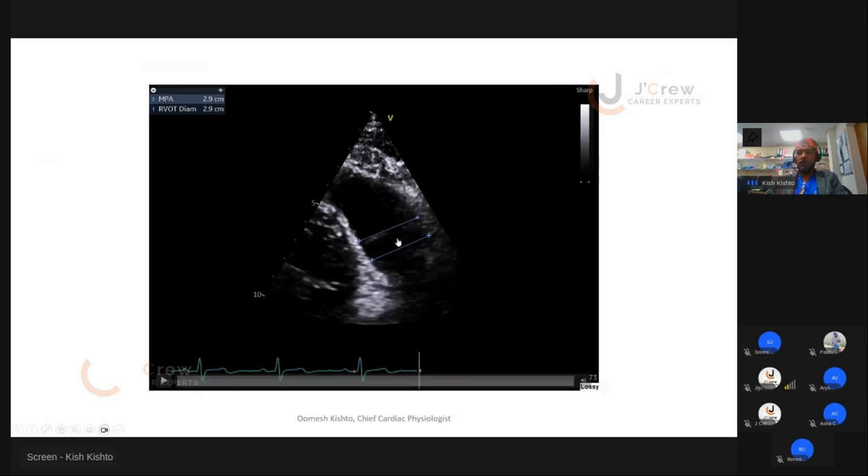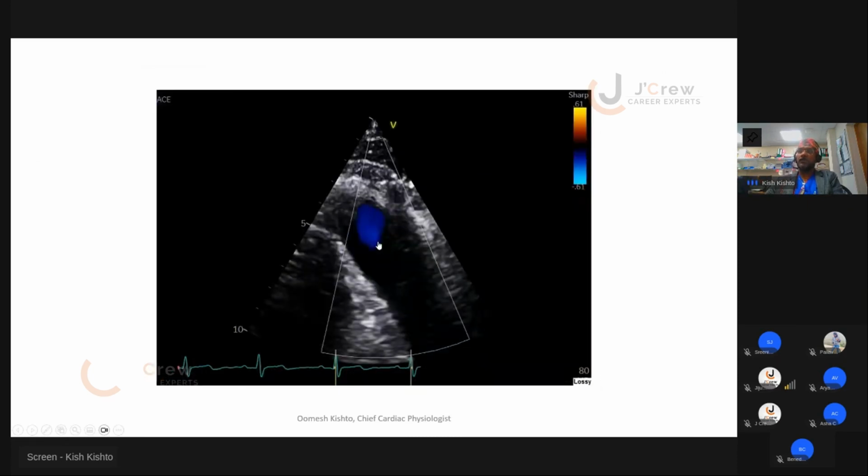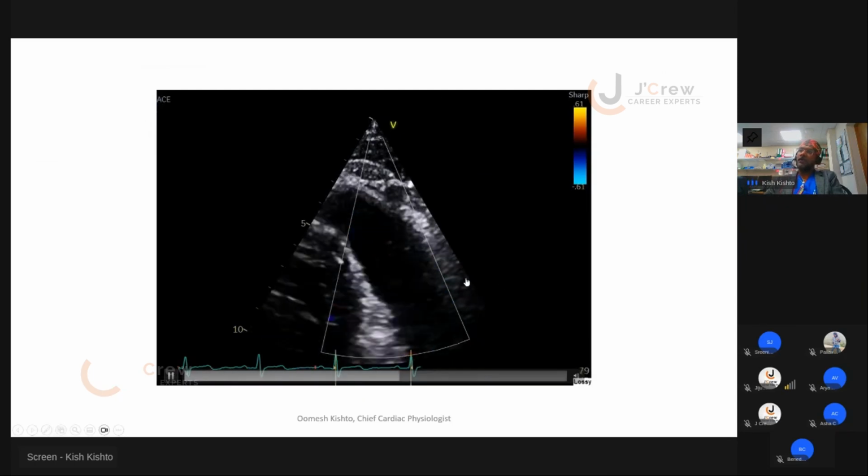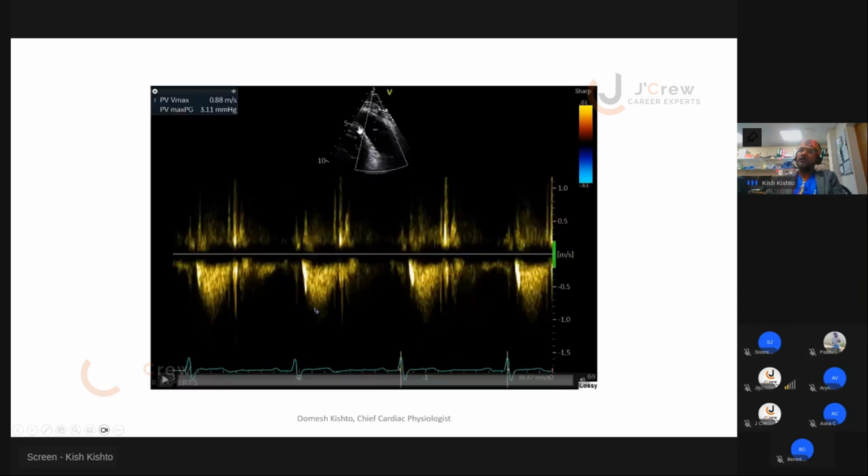But if you see you need to do any QP:QS or there's pulmonary stenosis, then you will probably need to do this measurement. So as long as you've got the image, do it if you need to. Color, and then your CW, look at the forward flow, make sure you have the right scale.